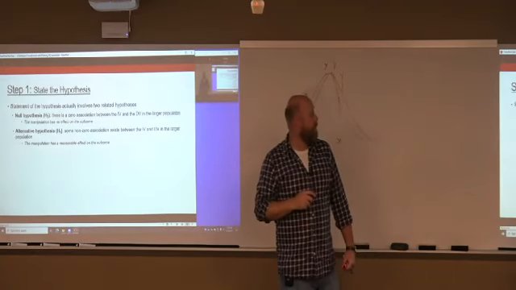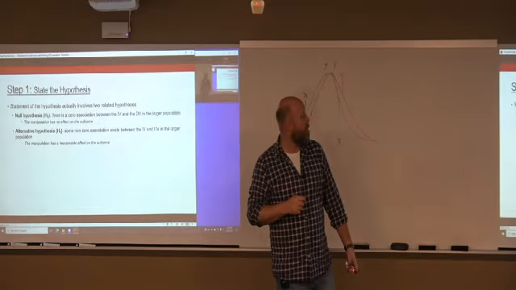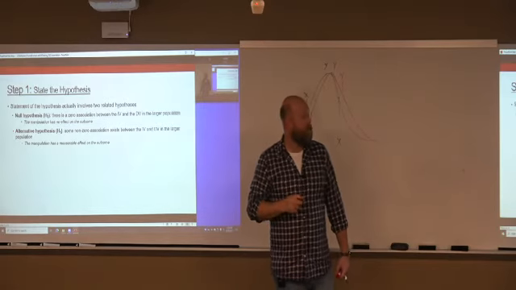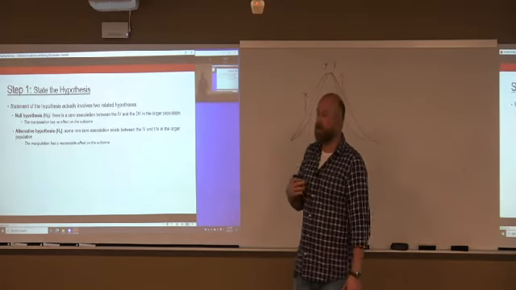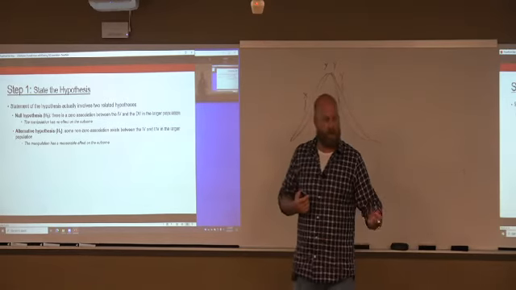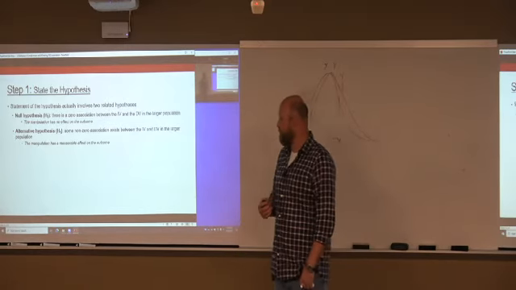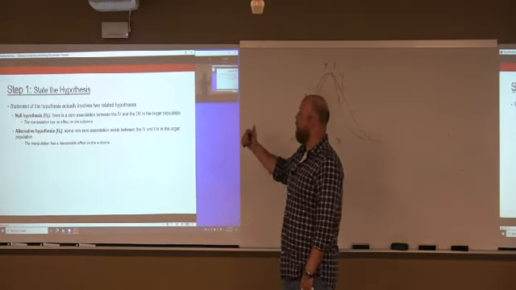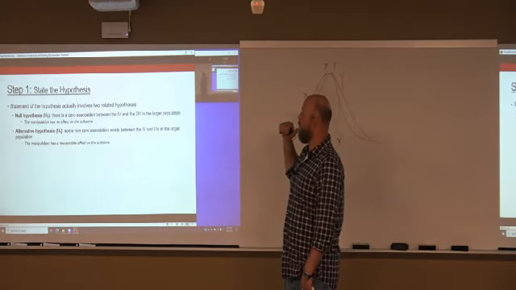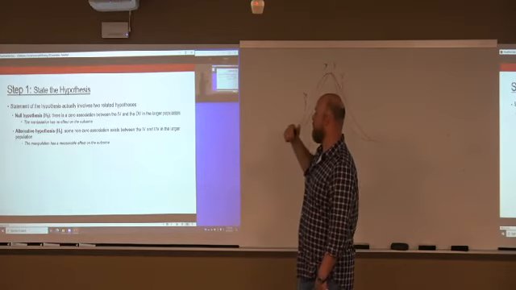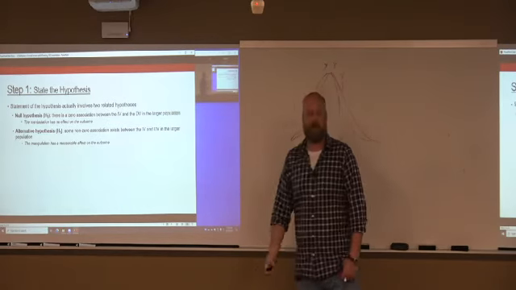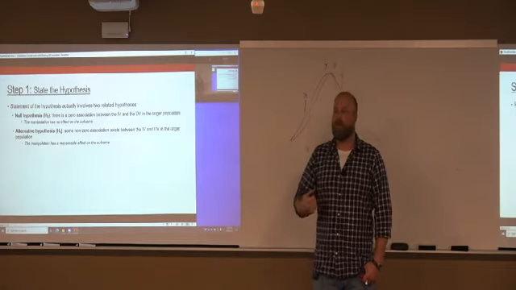Okay. So first thing we're going to do is state our hypotheses. Generally, this involves a couple of related hypotheses. It's probably familiar from stuff you were exposed to in undergraduate statistics. Our null hypothesis is almost always going to involve a zero association between the IV and the DV in the larger population, a zero difference between groups.